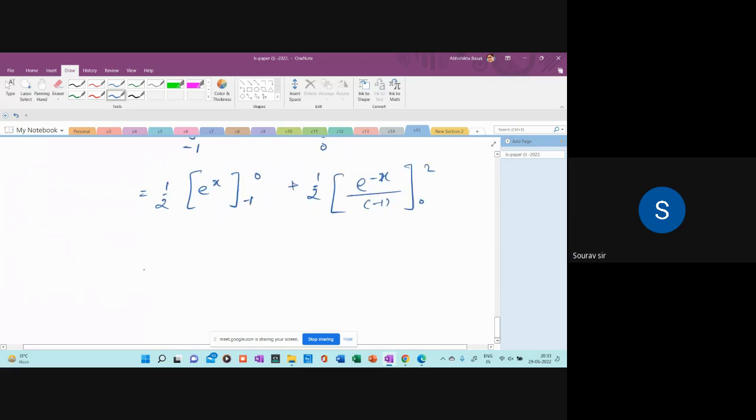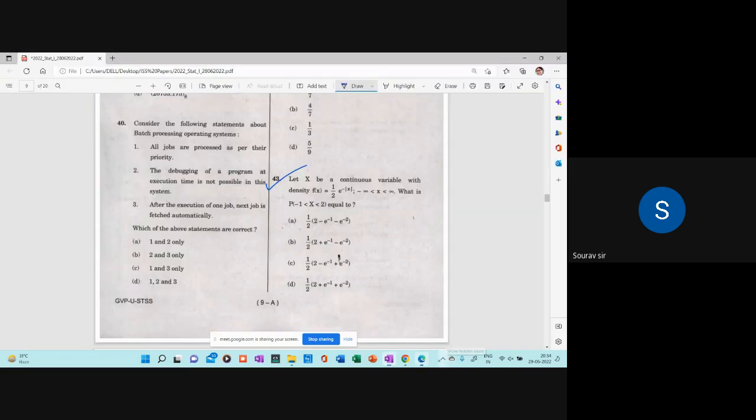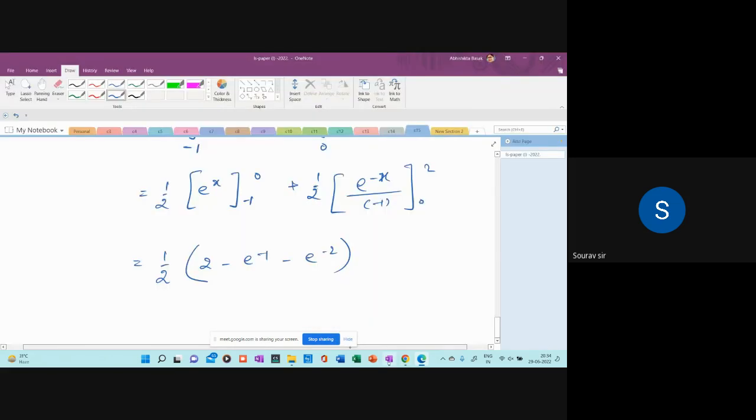You will calculate and you will get the answer like this. So it's basically equal to option number 1. Just check whether you are getting this particular answer or not.